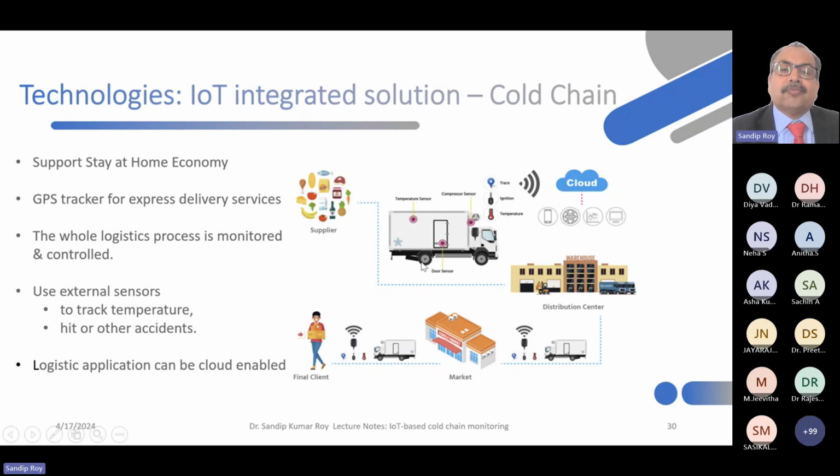If there is any other issue, like a flat tire, because if the tire is not properly aerated that may cause jerking, which may deform the ice cream shape, they can track things like that. So this is a very simplistic way how ice cream distribution happens to your home, and the cold chain is used to monitor that.